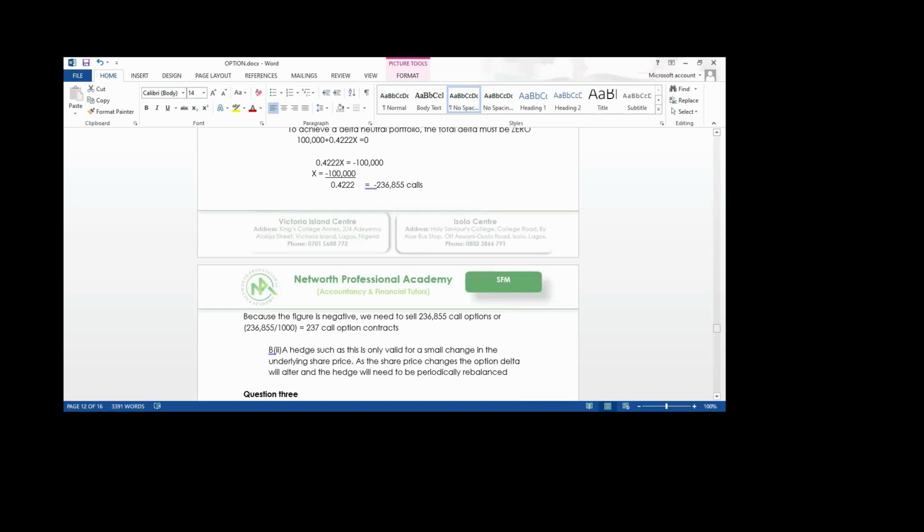The last aspect: the examiner says comment on whether the above hedging is likely to be successful. A hedge such as this is only valid for a small change in the underlying share price. As the share price changes, the option delta will change, and the hedge will need to be periodically rebalanced.